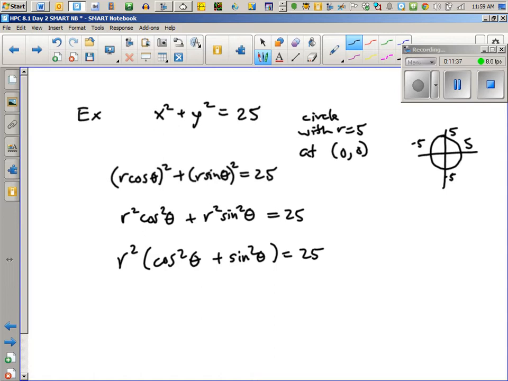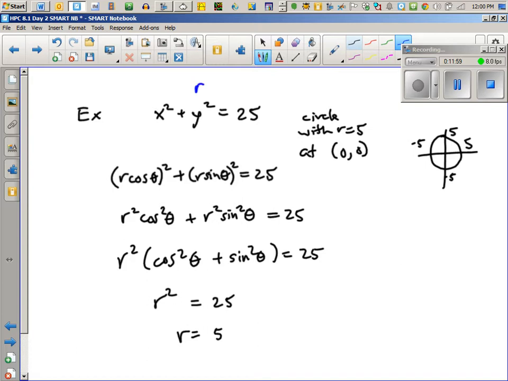But what's cosine squared plus sine squared? 1, right. So you just end up with this. In other words, r equals 5. So in the world of rectangular coordinates, the circle has a fairly ugly equation.